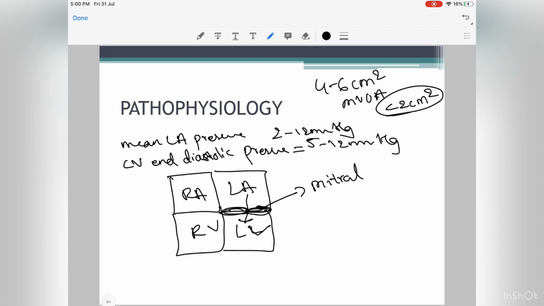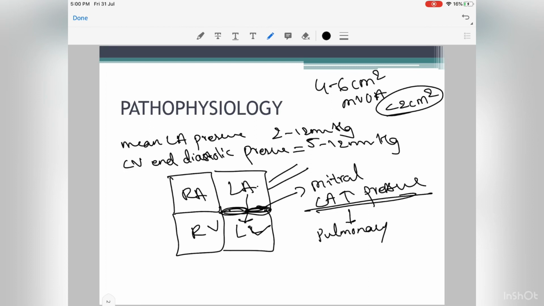As a result, the LA pressure rises. So there is rise in the LA pressure, which is the first step in mitral stenosis. And once the LA pressure rises, the pressure is transmitted back to the pulmonary veins, which drain into the LA. So once the pulmonary venous pressure increases, it causes pulmonary venous hypertension.